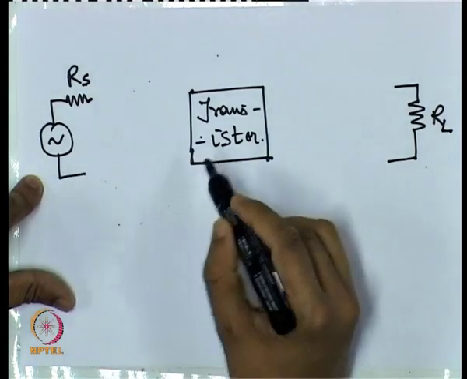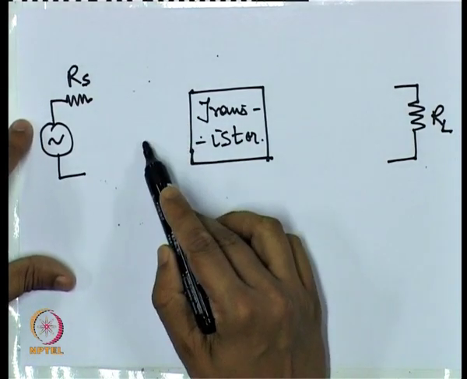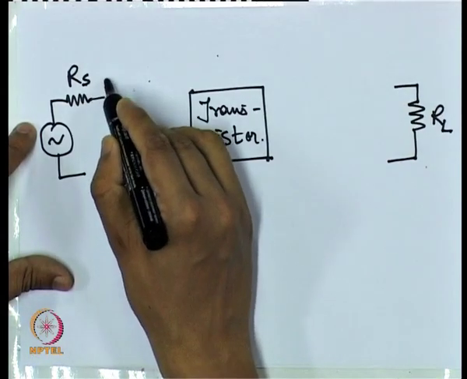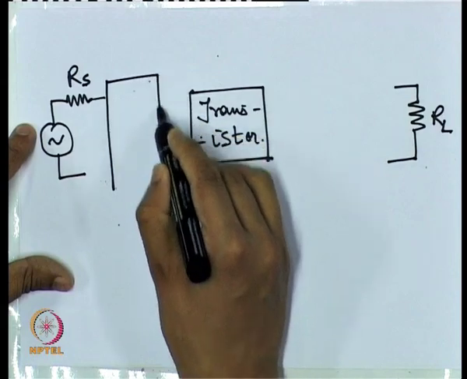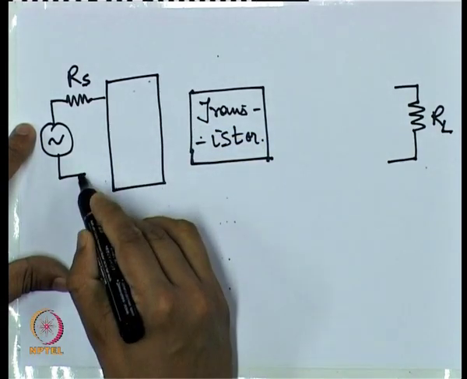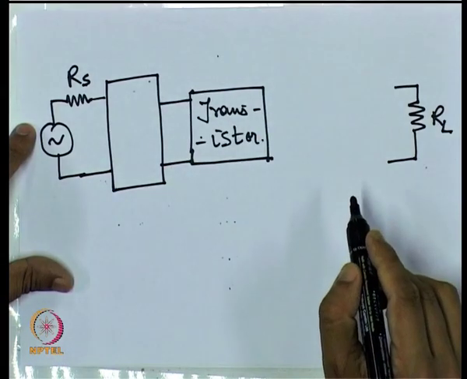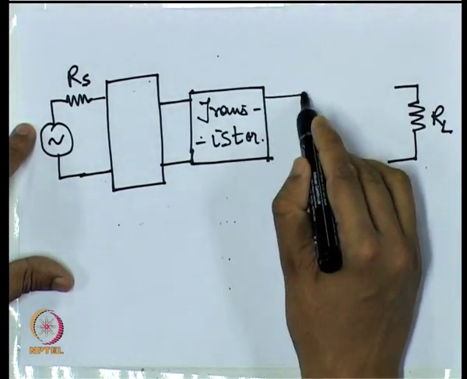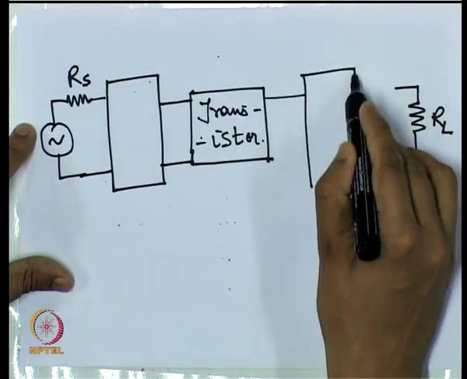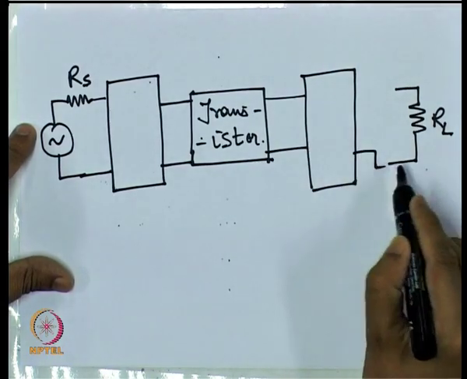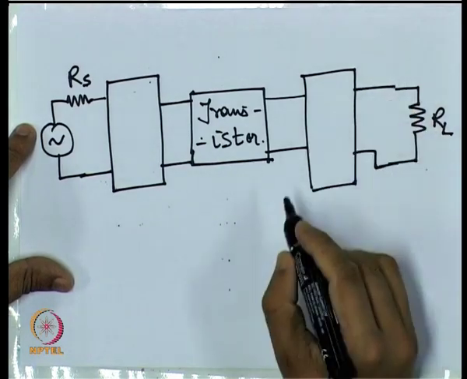Your transistor needs to be properly matched at the input as well as the output. Now, at the input, therefore, we need some kind of network to act as an interface between the generator and the transistor, and similarly at the output of the transistor also we need a network which will act as an interface between your load and the transistor.